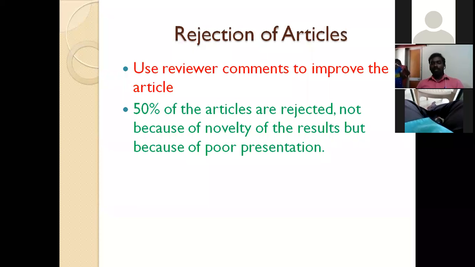And 50% of articles are rejected not because of less novelty, but because of poor presentation. The communication is not good. So if you are able to present your paper in a good manner, then you can have the possibility of acceptance.